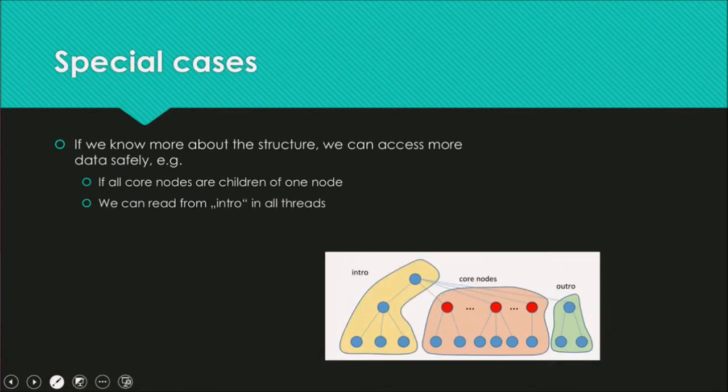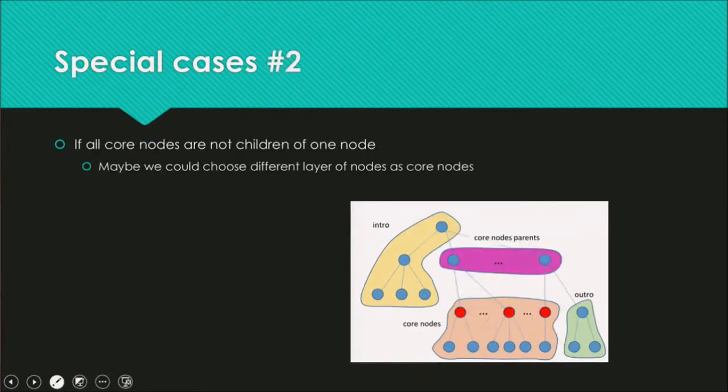But basically, we have to know that all the core nodes are the children of the same node. If we can't rely on that, so the core nodes have some layers above them, and some of them are children of one element and others are children of another element, we can't do what I've described before.